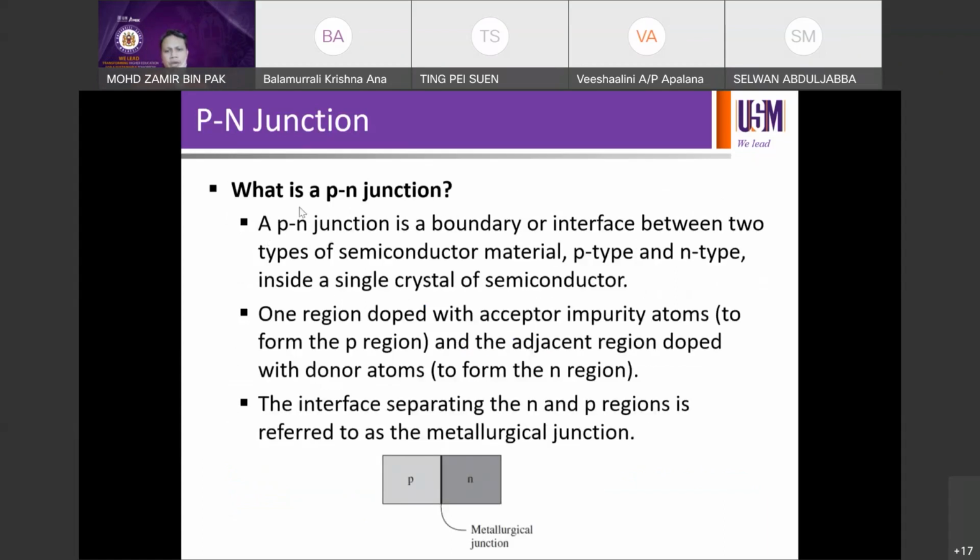So that means you are going to have diffusion mainly from the region, let me use my cursor, from the region near the interface.